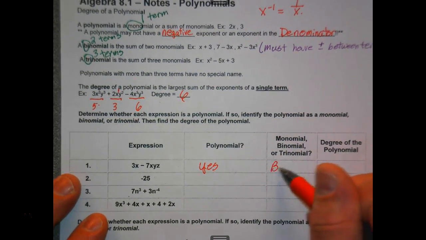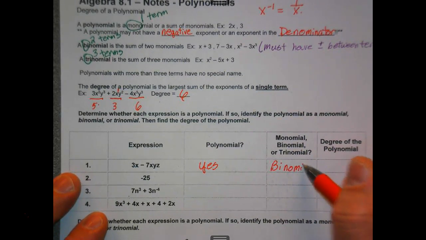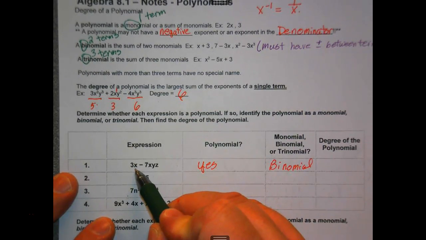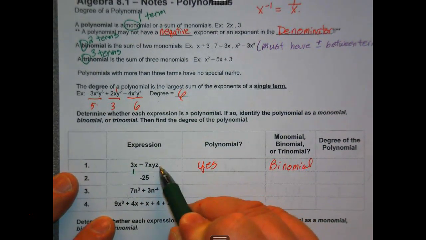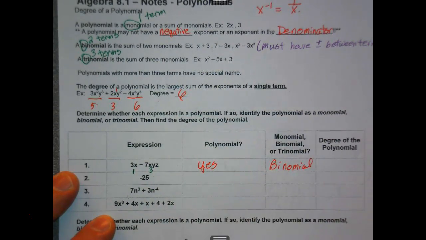So it's a binomial. And what's the degree of my binomial? What's the degree here? 1. I'm sorry, what's the sum of the exponents here? So what degree is this? 3.